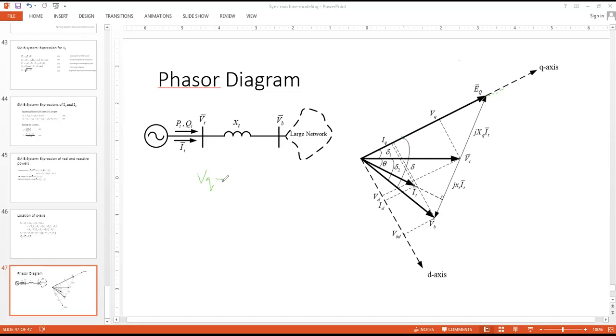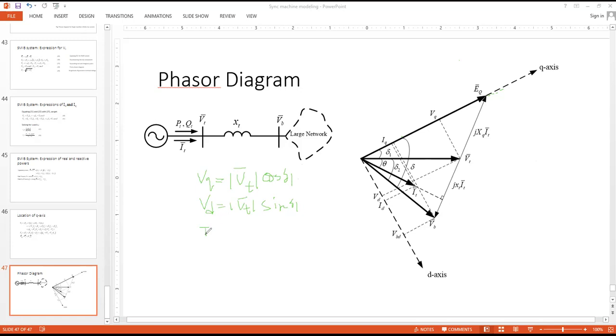Anyone? Quickly. It is a component of VT. So it is the component of phasor VT, absolute of VT. Then what is the angle between VT and Q axis? Delta 1. So it should be cosine component. Okay, cosine delta 1. What about VD? It is VT sine delta 1. Excellent. Let's move on.